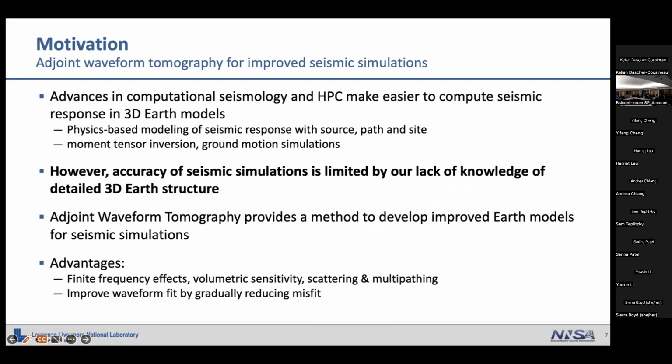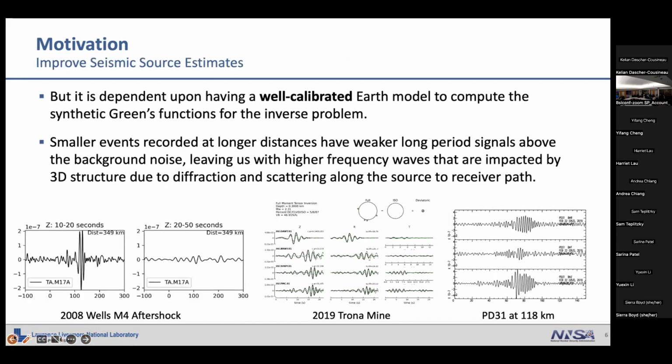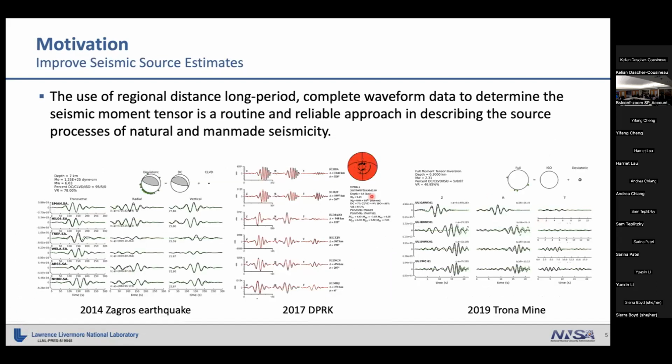For some reason my forward and backward keys are not working. So let me just go back one more slide. You can see these are anywhere from a regional magnitude 6 event down to a magnitude 2.3, so it's applicable to a wide range of sources, distances and sizes.